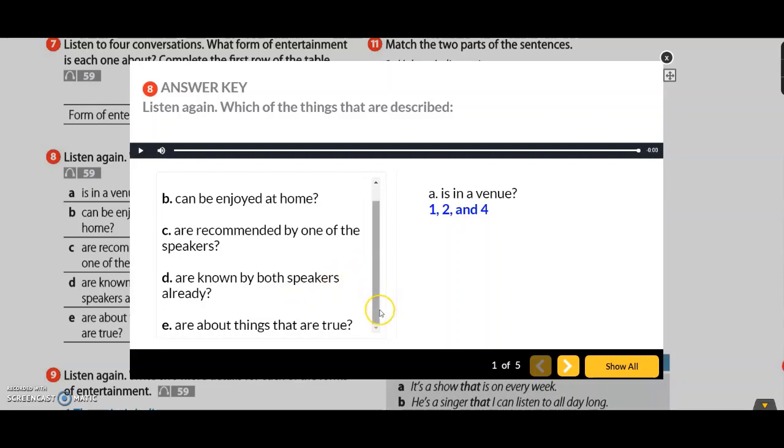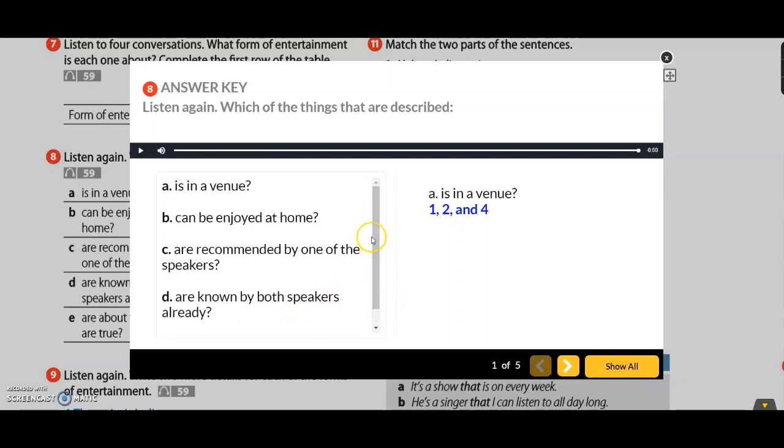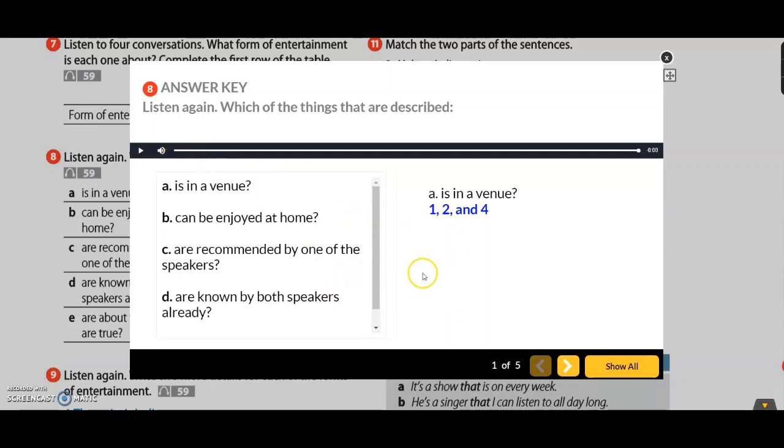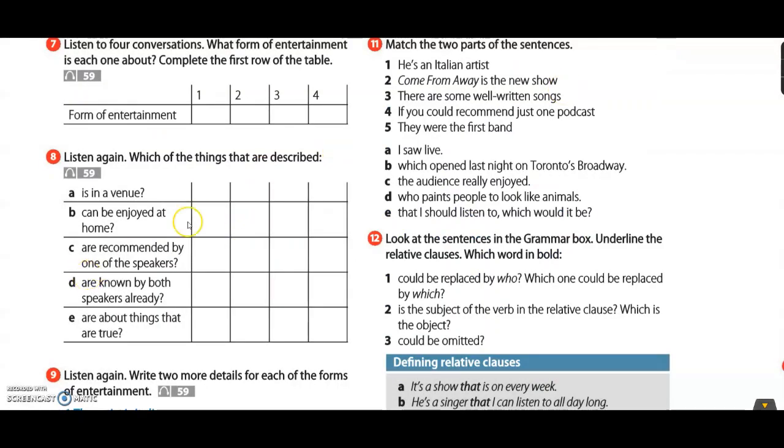So if you want to hear the audio again, guys, just rewind the video a bit so you can listen again to the audio, and then we will answer with the correct answers. Okay, so in this part, guys, just put the correct answer in here.